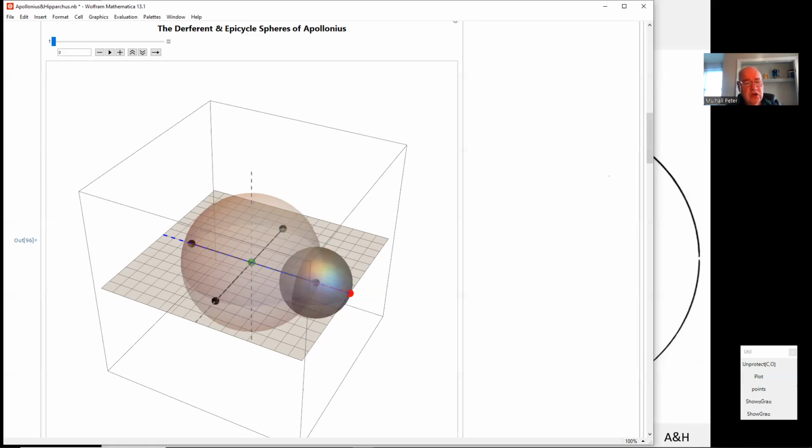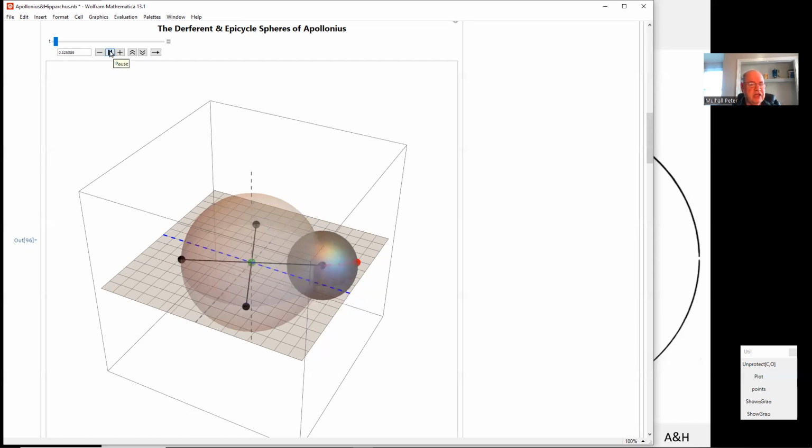But here in the Greek world, we have the deferent sphere. It is a physical, complete sphere. And here is the epicycle sphere, where the center of the epicycle sphere is on the edge, the equator, of the deferent sphere. And here we have the planet out at the edge of the epicycle sphere.